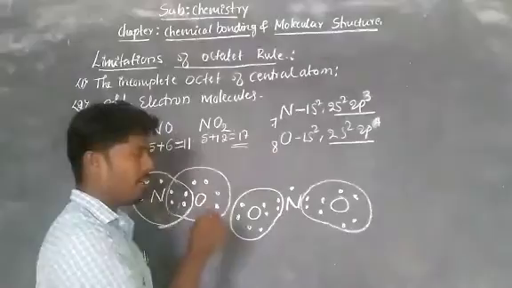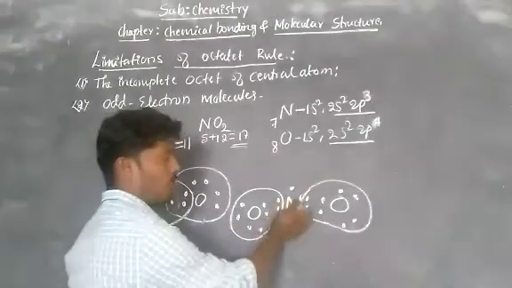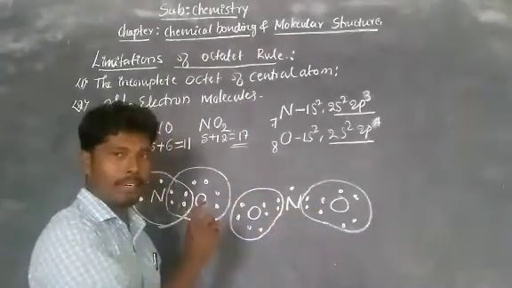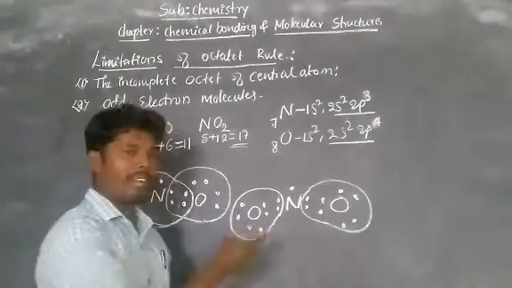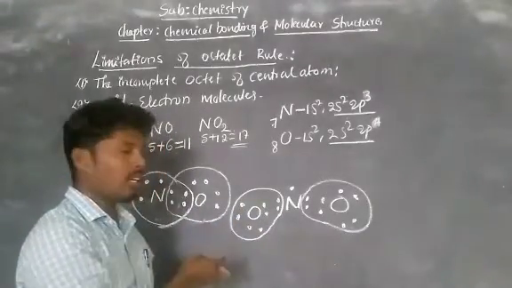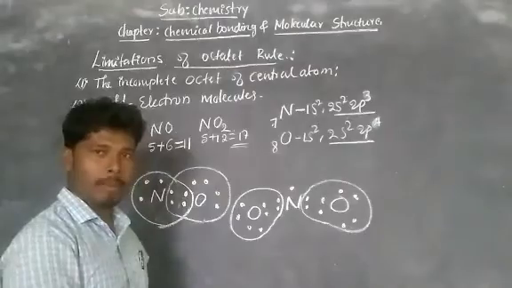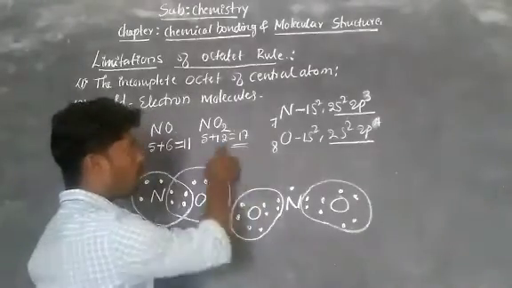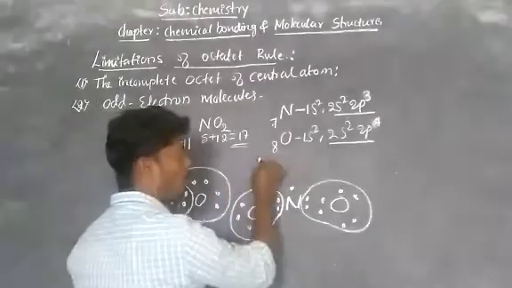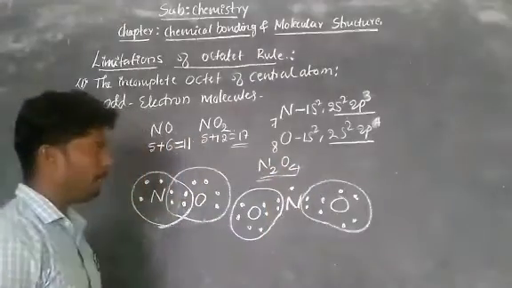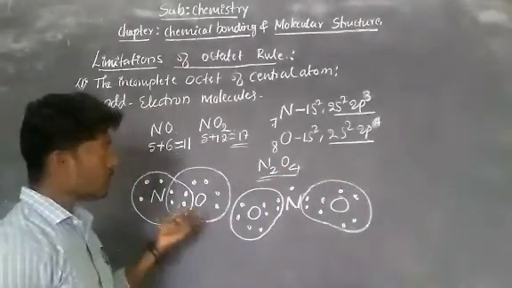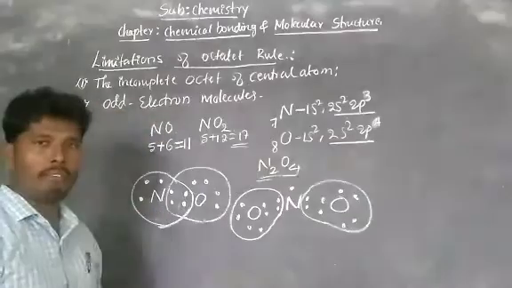And this nitrogen atom does not obey 8 electrons. Hence these odd-number-of-electron molecules, to attain stability, undergo dimerization. Here the NO2 molecule undergoes dimerization and forms the N2O4 molecule, like you studied in the p block elements. This is the odd electron configuration.